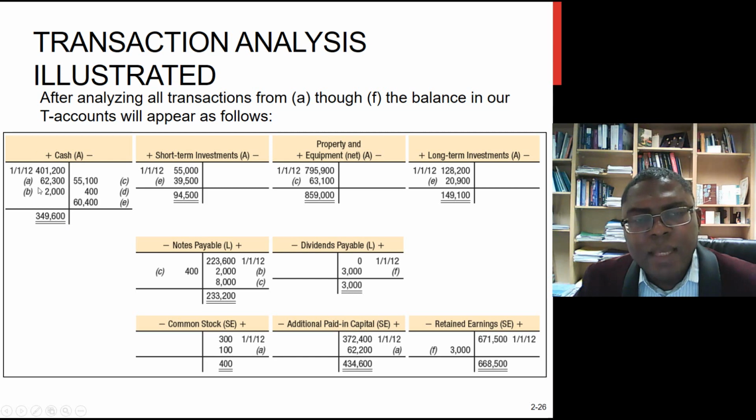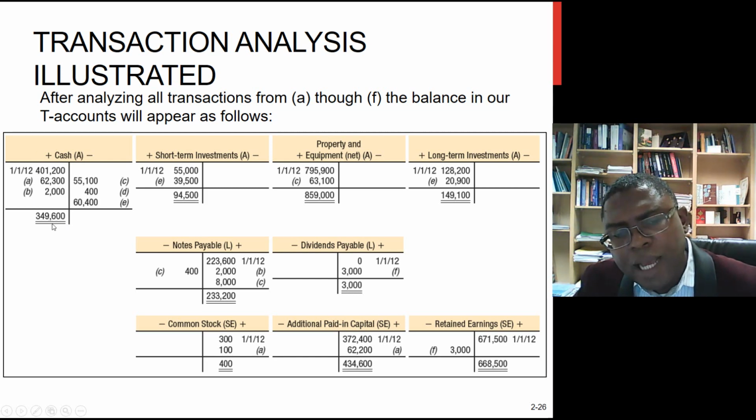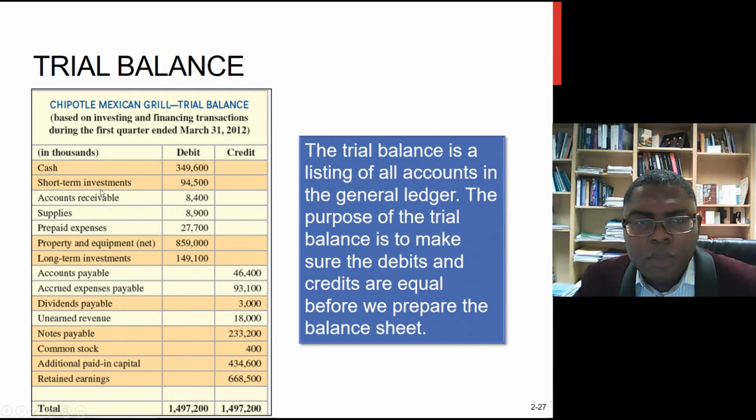That is a debit balance. So we'll take this amount to the trial balance, and it will be on the debit side because it's coming from the debit side of cash. So we find that amount of cash on the debit side.